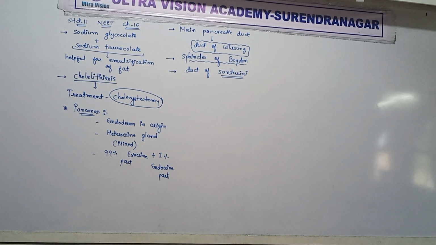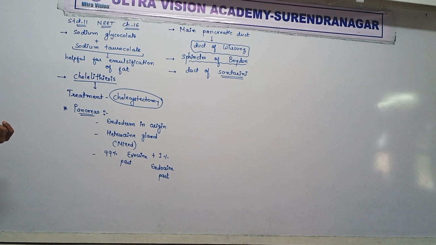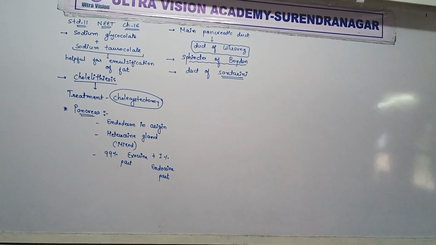The pancreatic duct originating from the pancreas is known as the duct of Wirsung, connected to the common bile duct.